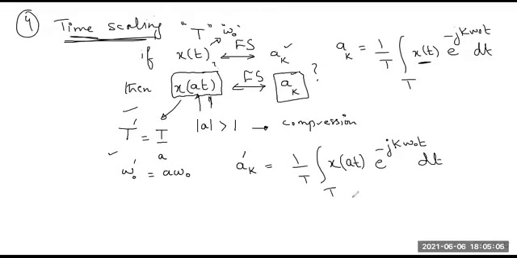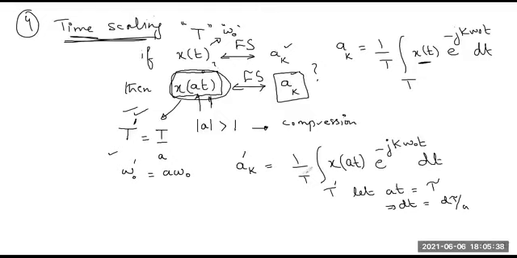Let me introduce a new variable. Let at equal tau, which means dt equals d tau by A. Also, because I'm changing the period, this integration will be over the period of this signal, which is T dash.